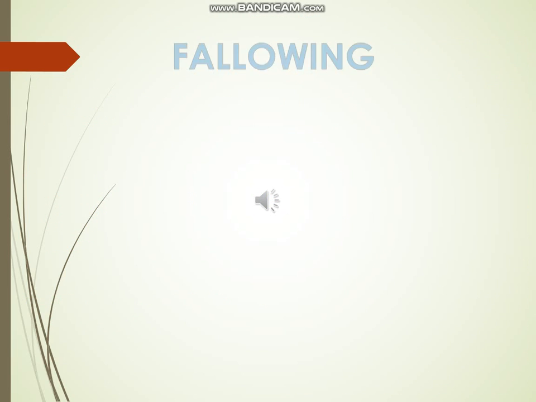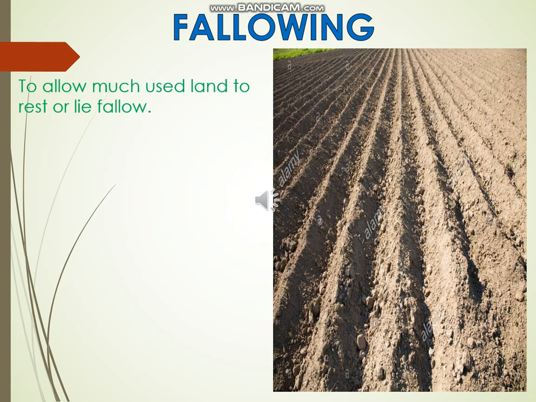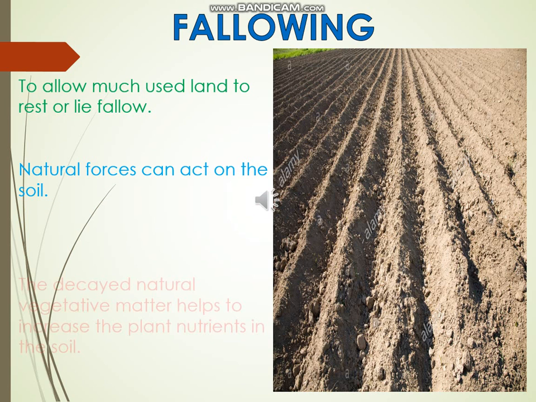Fallowing. Sometimes it is important to allow much used land to rest or lie fallow so that the natural forces can act on the soil. The decayed natural vegetation matter helps to increase the plant nutrition in the soil. Fallowing also increases the subsoil moisture and improves the general structure of the soil.